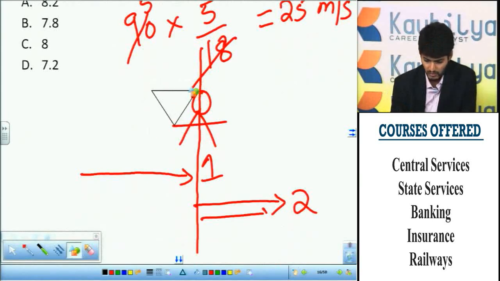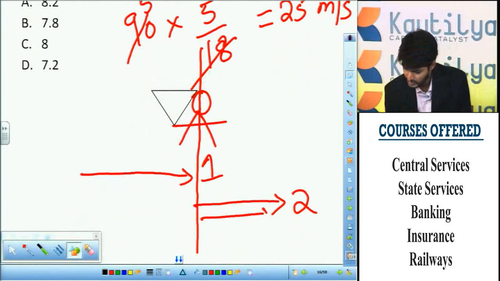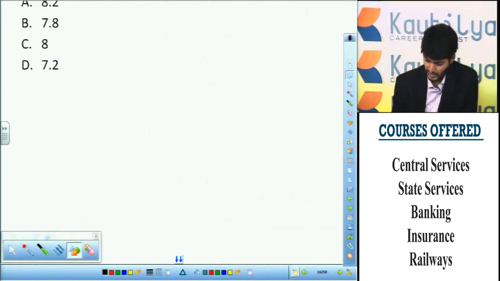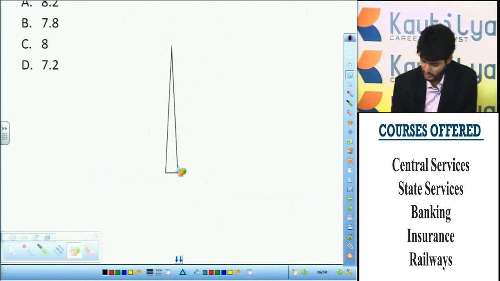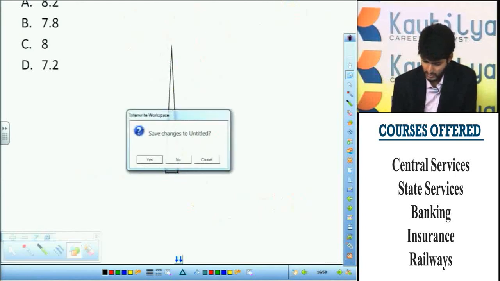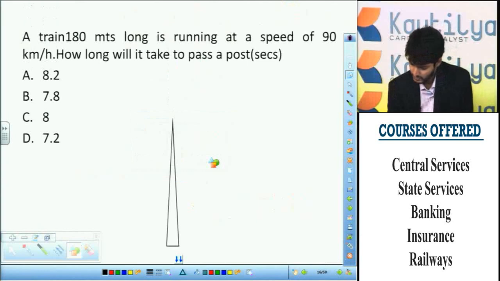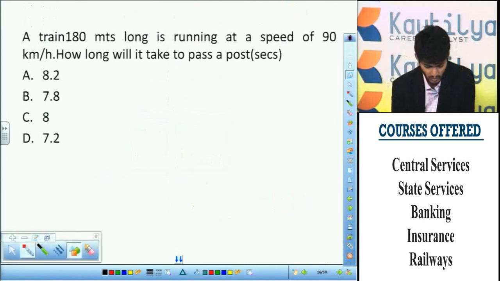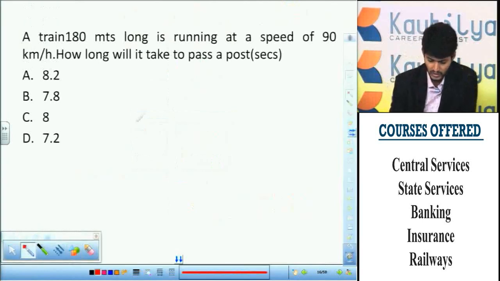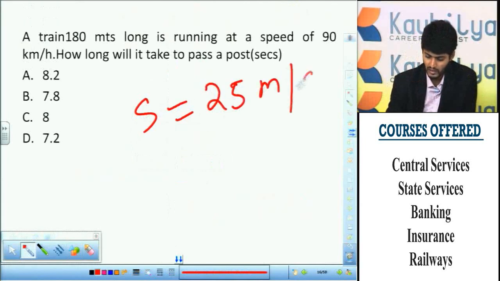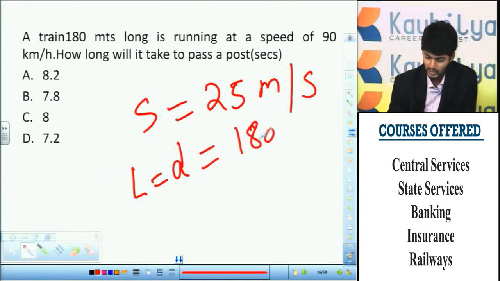Okay, so let me write this calculation. In this problem, the speed of the train is equal to 25 meters per second, and whether you call it the length of the train or the distance traveled by the train, both correspond to 180 meters.